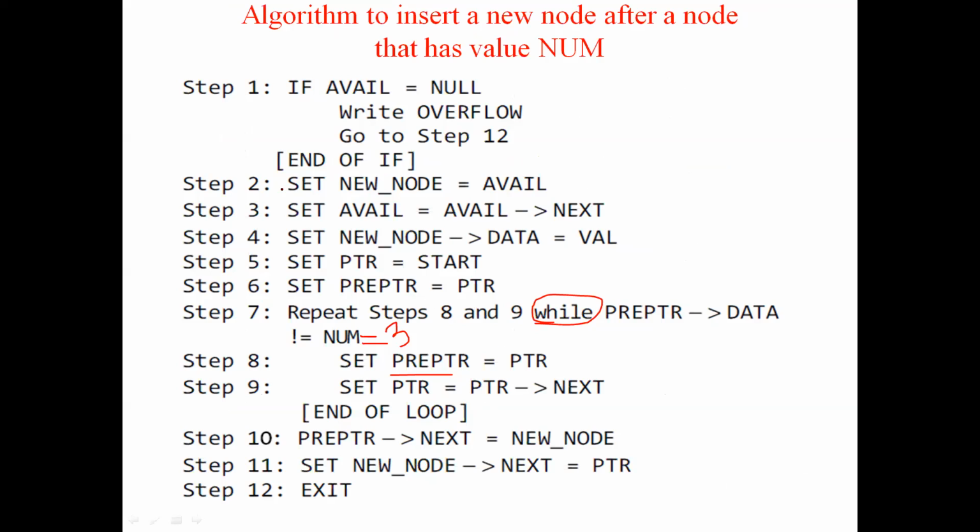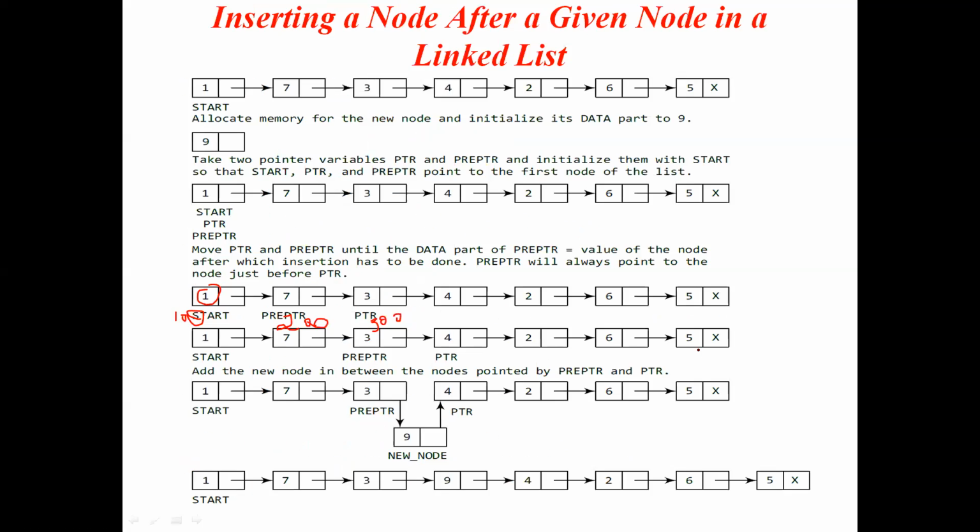When the condition becomes false, at one stage 3 not equal to 3 fails, and it comes out of the loop. We have reached a particular position. If 3 is not there, it keeps going until the last node, and if it is not finding the element, it displays that there is no such node in the list.